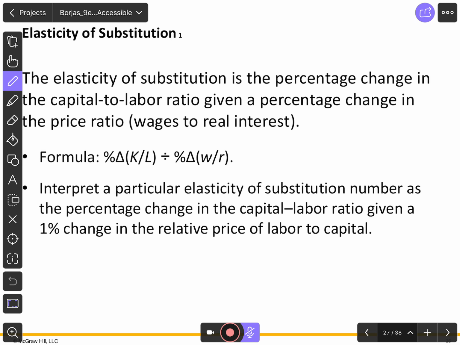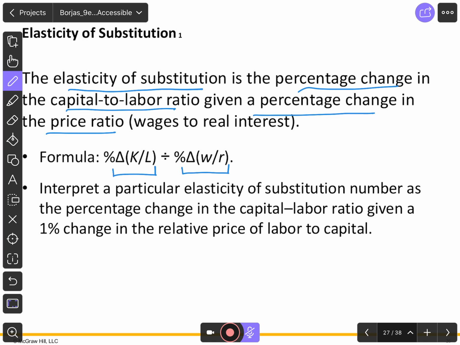The last thing to discuss in this chapter, and I leave the rest for you to read, is the elasticity of substitution. It's the percentage change in the capital to labor ratio given a percentage change in the price ratio, which is wages to interest.